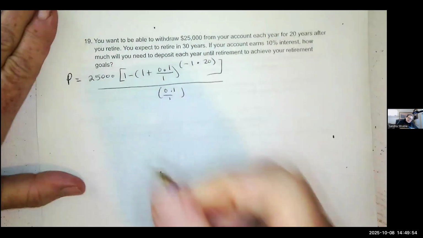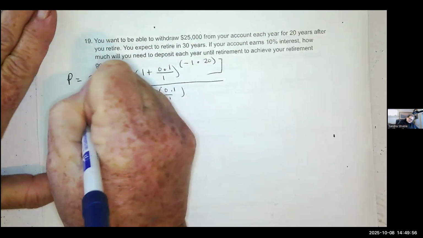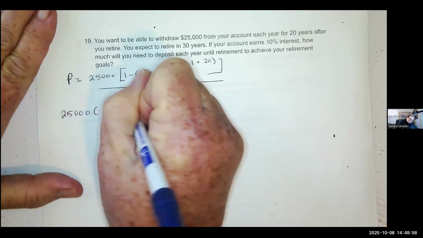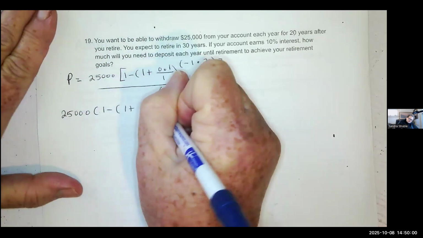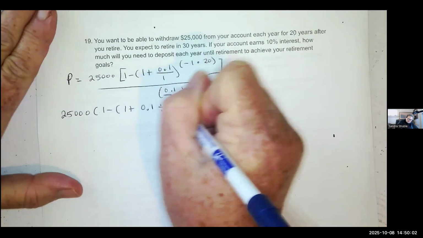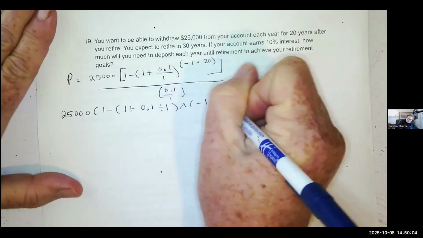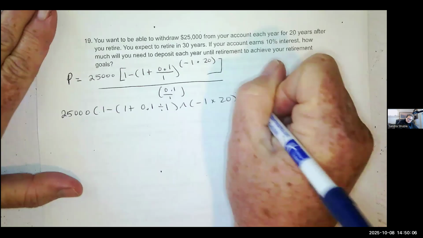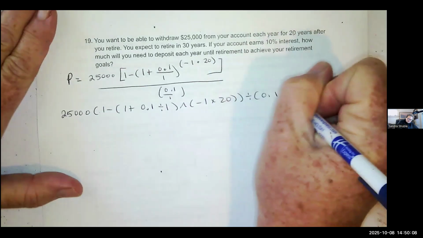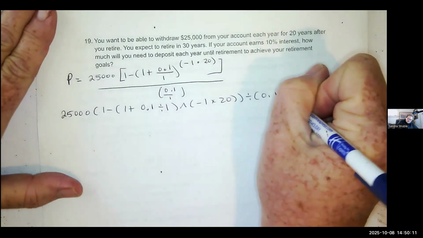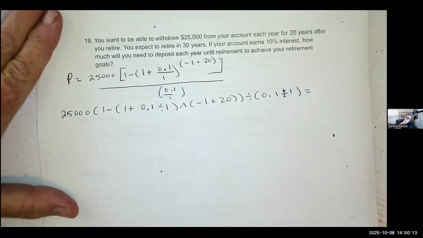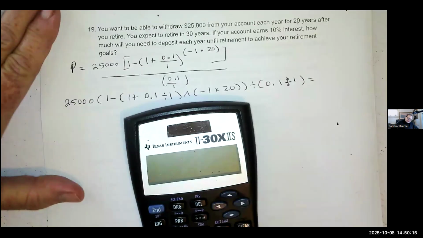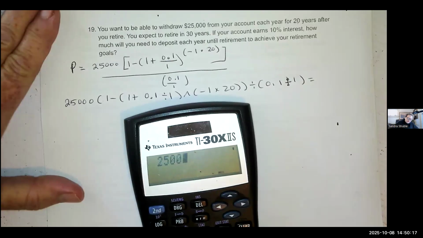All right, calculator. This is divided by. All right, we've got 25,000.